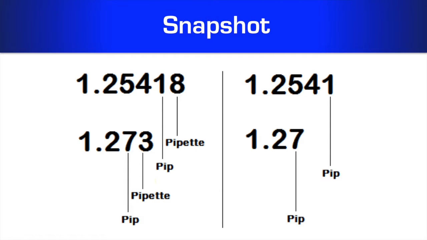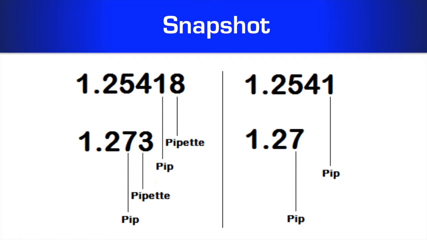Here's a really awesome picture that you can snapshot for your notes. Take a screenshot of it, take a picture of it, write it down until you get it. Notice how on one side you see 1.25418 and it shows you the pipette. And then on the right, remember what I told you to do with those pipettes? We ignore them. So you don't see an 8. You don't see a 3. Okay?